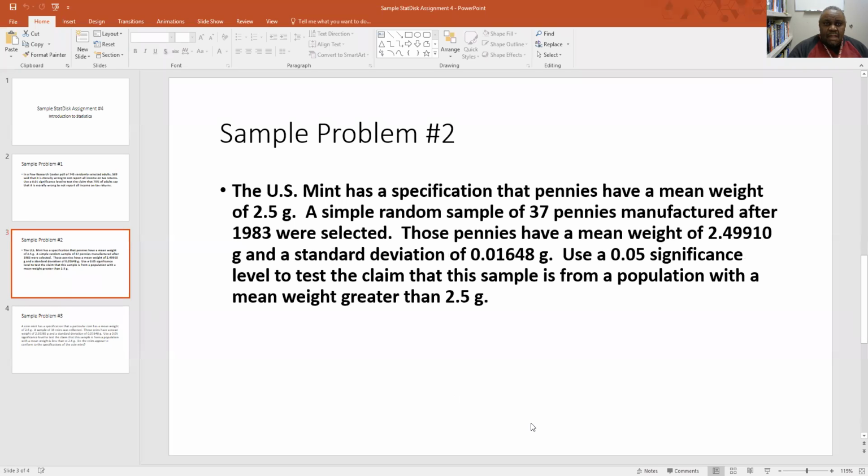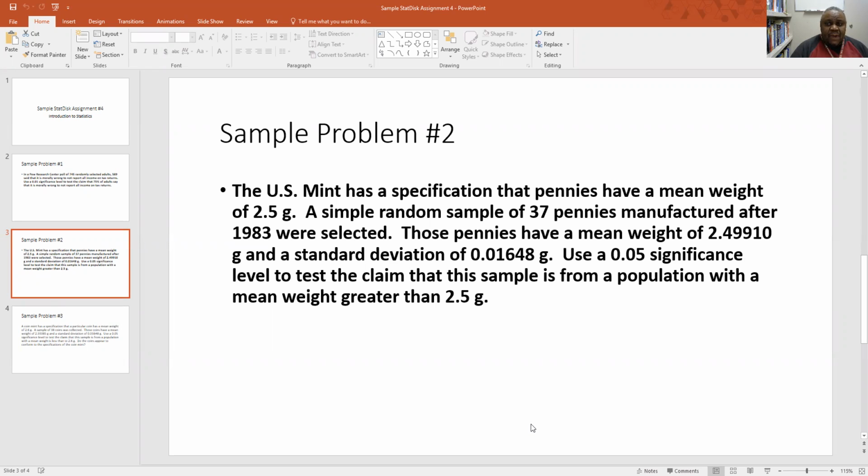Okay, now let's go to problem number 2. It says here the U.S. Mint has a specification that pennies have a mean of 2.5 grams. A simple random sample of 37 pennies manufactured after 1983 were selected.